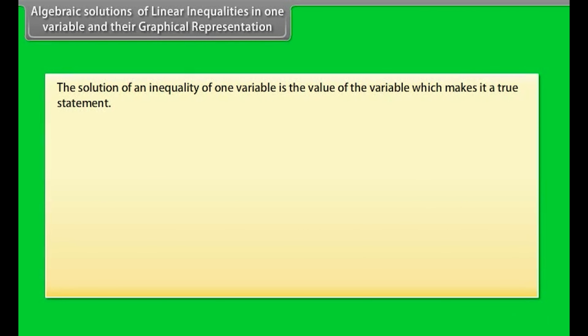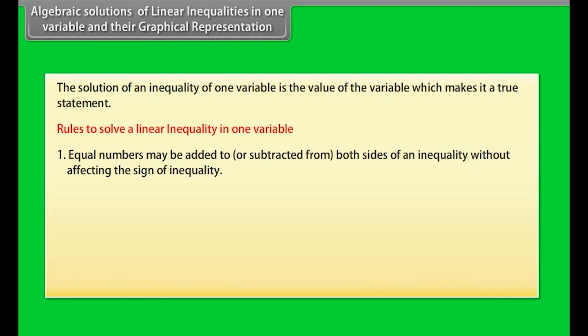Algebraic solution of linear inequalities in one variable and their graphical representation. The solution of an inequality of one variable is the value of the variable which makes it a true statement. Rules to solve a linear inequality in one variable. Number 1. Equal numbers may be added to or subtracted from both sides of an inequality without affecting the sign of inequality.